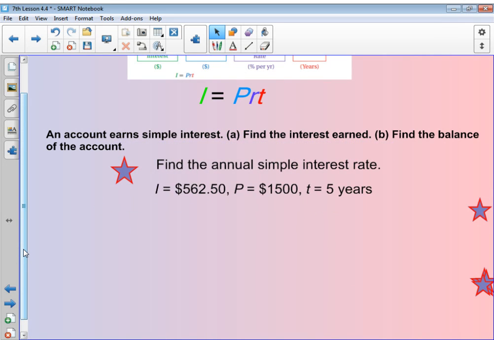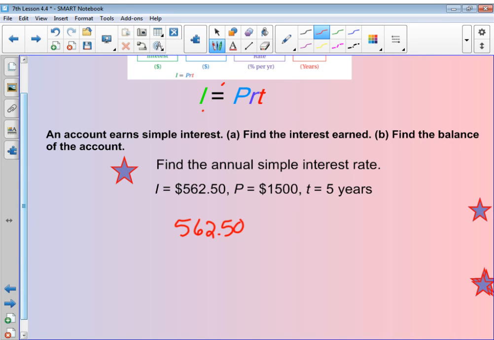Okay, so let's try another one like that. We're going to plug our information in. Do we know our I? Yes, it's $562.50. So we know the I, and we have an equal sign. Do we know the P? Yep, it's 1,500. Do we know the R? No, that's what we're trying to figure out, so I'm not going to write it yet. Do we know the T? Yes, there's our T, which was 5 years, so times 5.